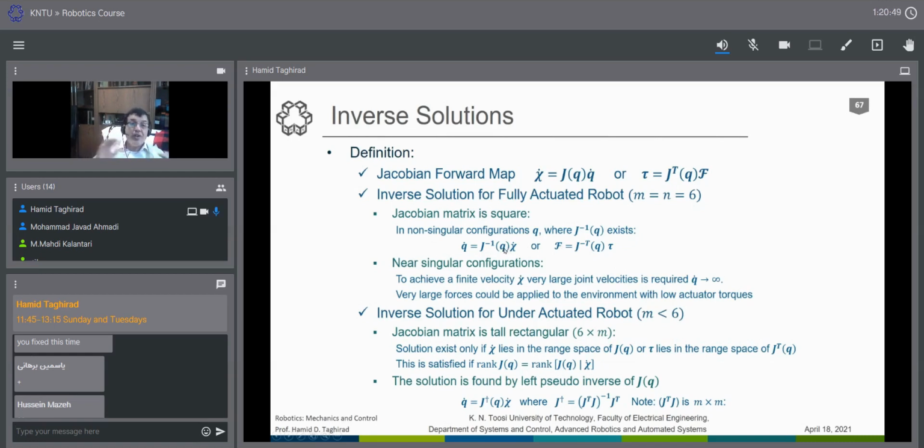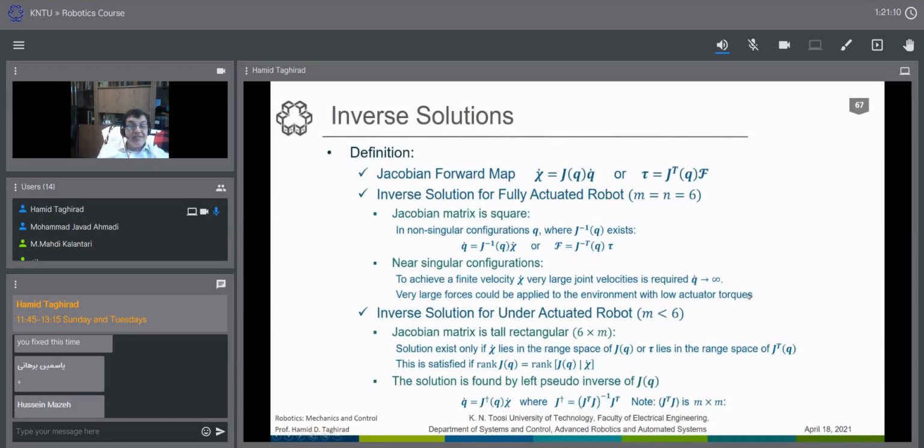Notice that J and J transpose have the same singular values. They have the same eigenvalues. So when this becomes singular, this is also singular. This means that very large forces could be applied to the environment with low actuated torques.